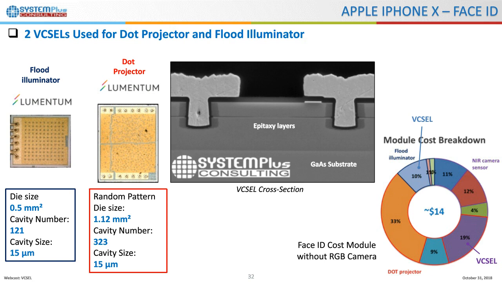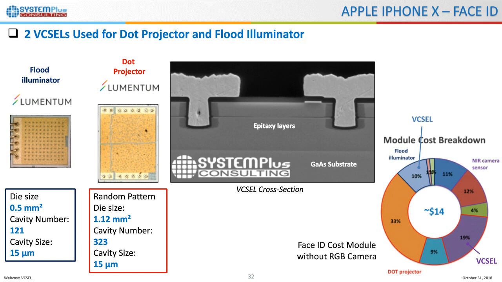A big part of this cost is linked to the dot projector, with more than half of the cost, and also to the flood illuminator and the infrared sensor. VCSELs here are really important in terms of share. We have 30% of the cost of the complete module estimated to be linked to the VCSEL dies, which is really, really important in terms of manufacturing cost at the end.